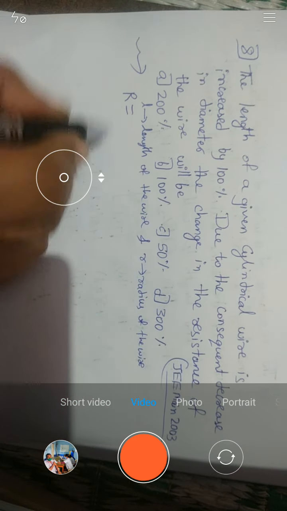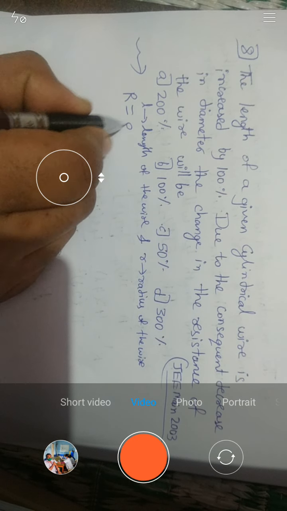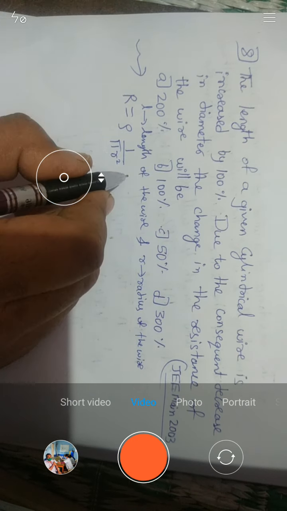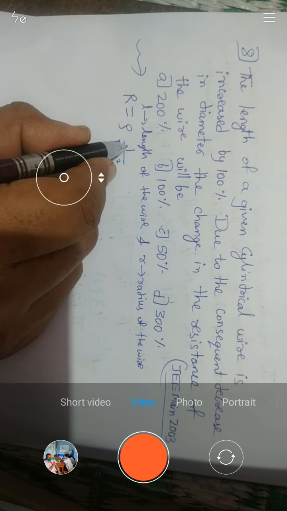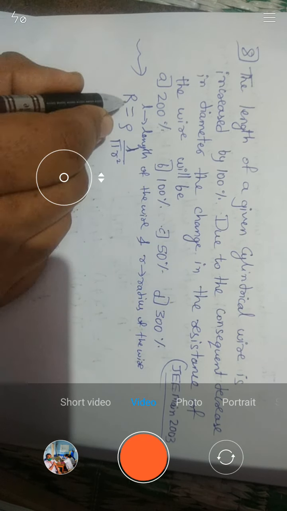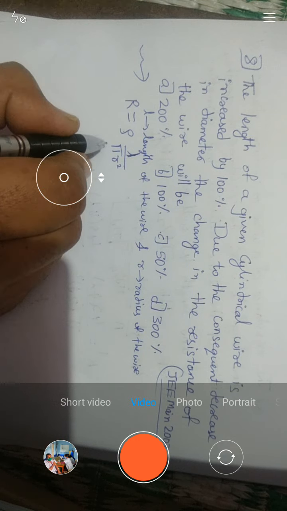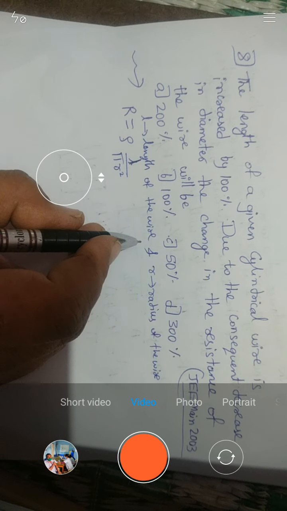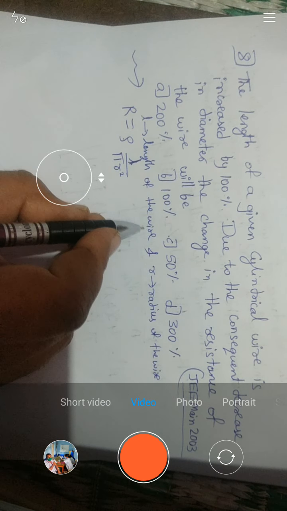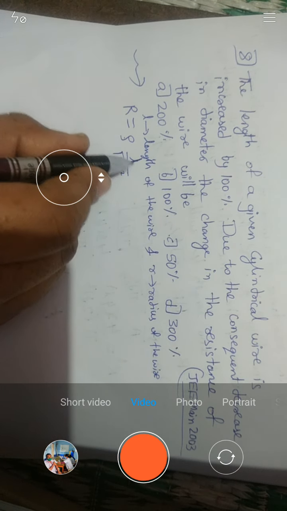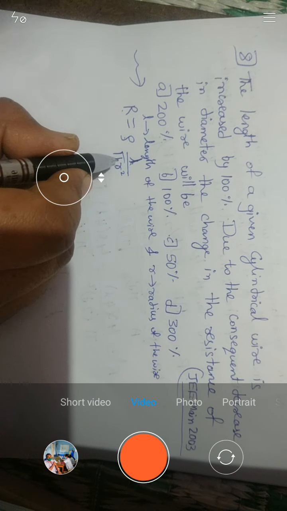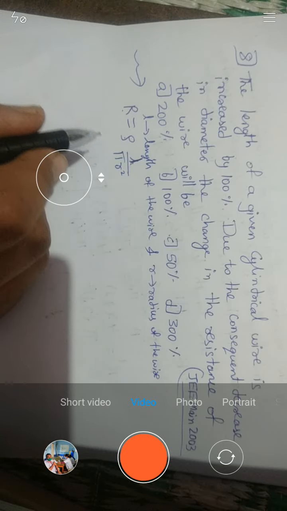Then the resistance R is equal to rho L divided by pi r square. Here rho is the resistivity, R is the resistance, L is the length, and the area is pi r square.